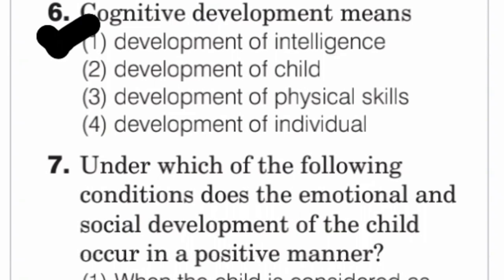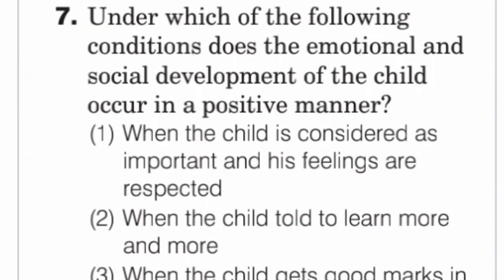Question number 7. Under which of the following conditions does the emotional and social development of the child occur in a positive manner? Number 1. When the child is considered as important and his feelings are respected. Number 2.